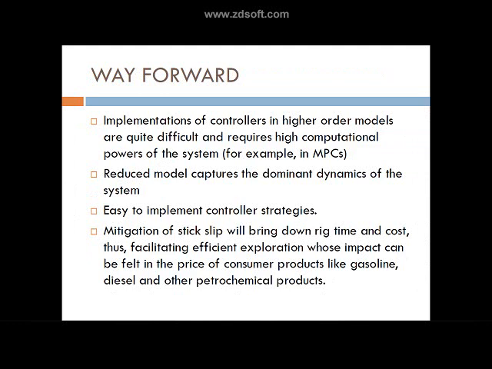The way forward for this technique is that drill string problems can be addressed by implementing controllers over it. To mitigate stick slip, a reduced order model will be very useful and easier for implementing model predictive controllers and any other controller technologies, because implementation of a controller on an 86 order model requires high computational power and takes so much time.